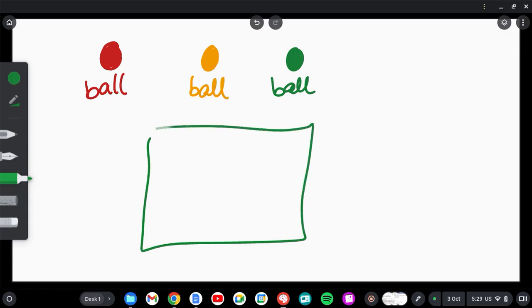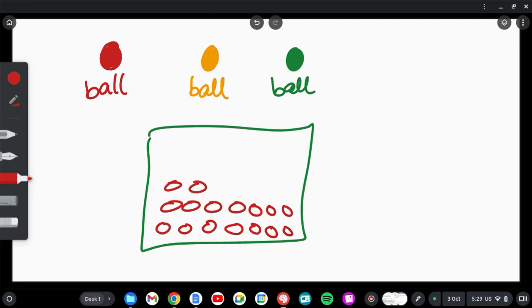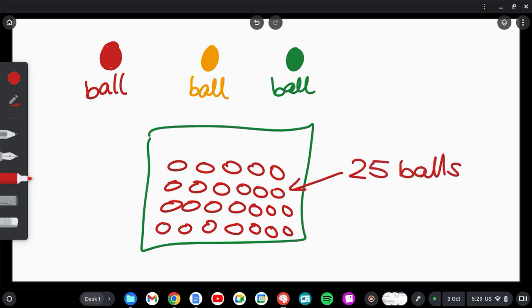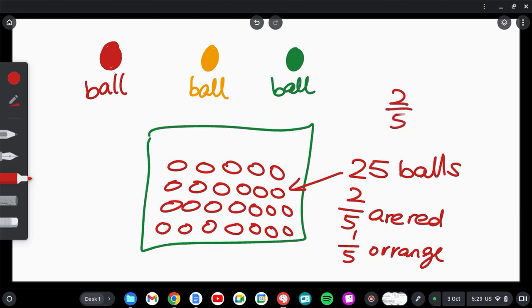Probability of picking a ball. So let's say I draw multiple balls here, and let's say I have 25 balls. I'm going to say that 2/5 are red, 1/5 are orange, and the rest are green, which is another 2/5 green.